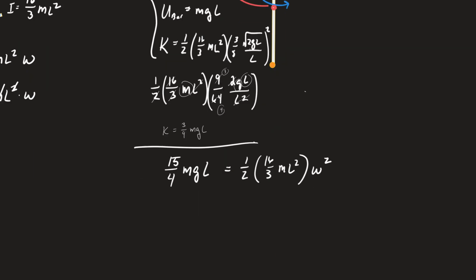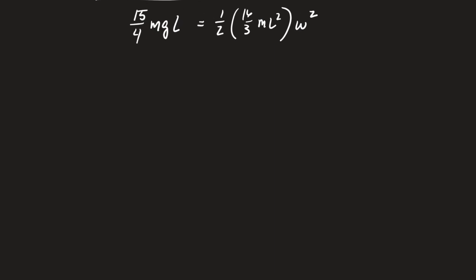So let's go ahead and do a little algebra here. Cancel the m's, cancel one of the L's, cancel the 2 and the 16 to get an 8. I think that's all the canceling I can do. So multiply both sides by 3 and I get 45. Divide both sides by 8 and I'll have 45/32, and then I'll have g over L equals omega squared.